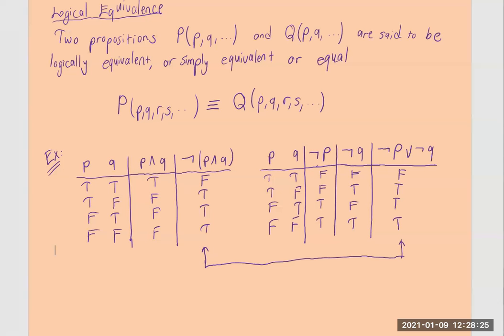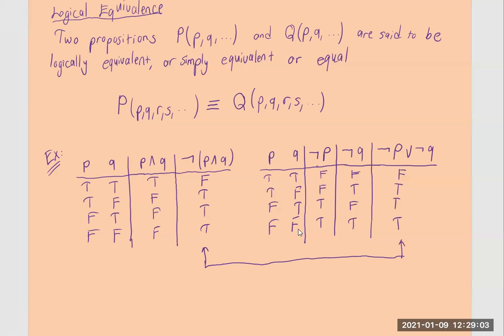Batuhan? P and Q, true, false, false, true, and false, false. So what do you mean? False, false, true, true, not Q, false, true, false, true.